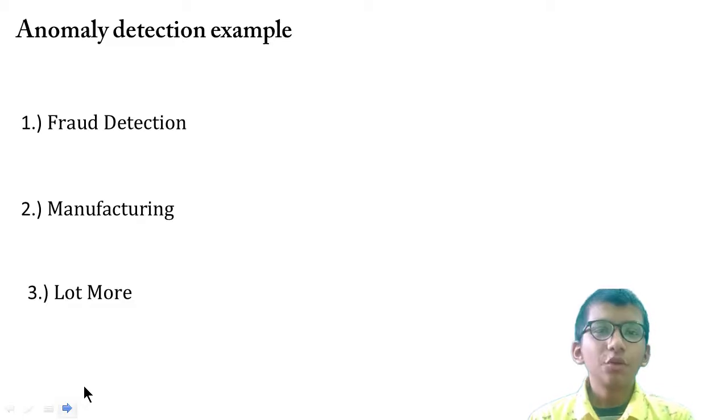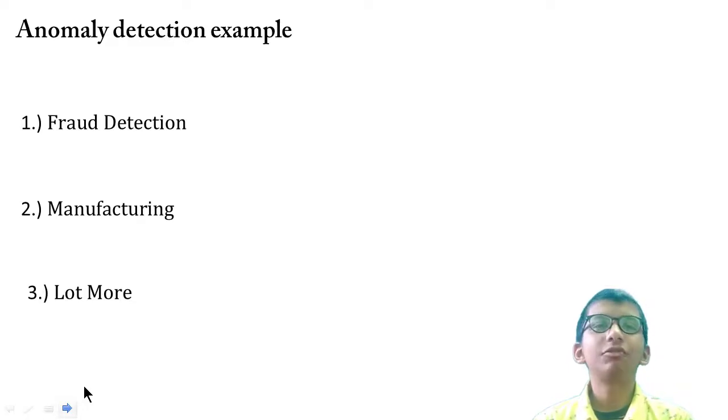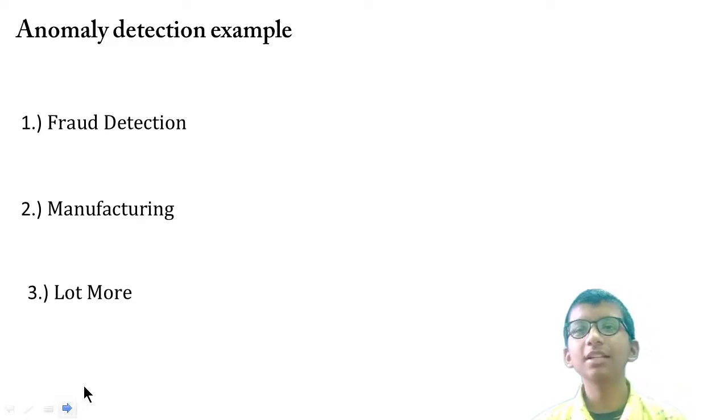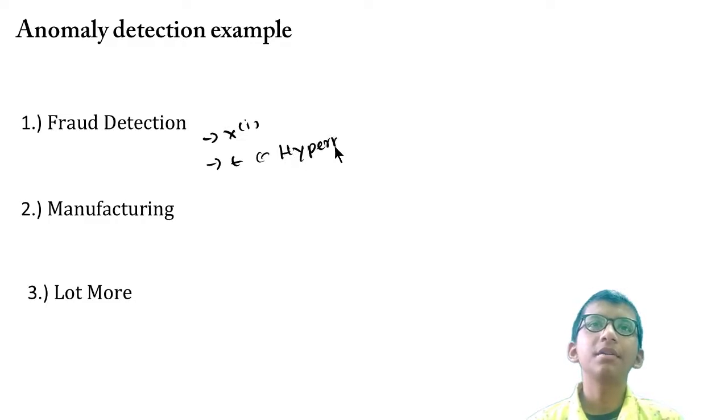Okay, so there are some examples of anomaly detection. The first one is fraud detection. Again, we set xi, again we set epsilon. Okay, so this is some kind of thing, and epsilon is our hyperparameter.